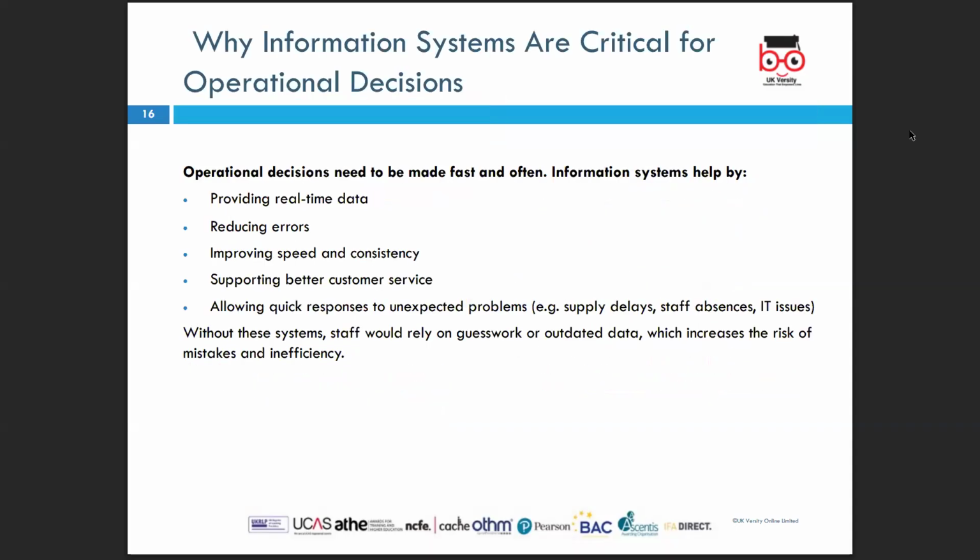So why are information systems critical for operational decisions? This is critical because operational decisions need to be made fast and often. The information system helps by providing real-time data, reducing errors, improving speed and consistency, supporting better customer service, and allowing quick response to unexpected problems.